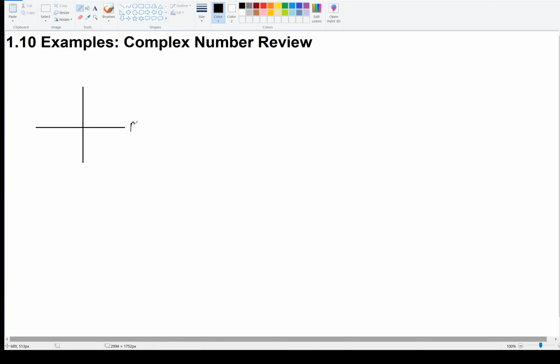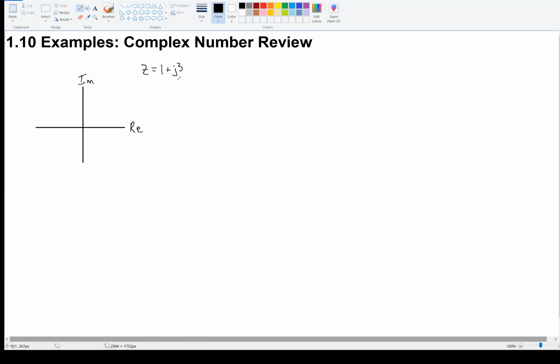So the complex plane has the real axis as the horizontal axis and the imaginary axis as the vertical axis. And so you can think of a complex number as a vector in this space. So for example, if I wanted to plot the complex number 1 plus j3.